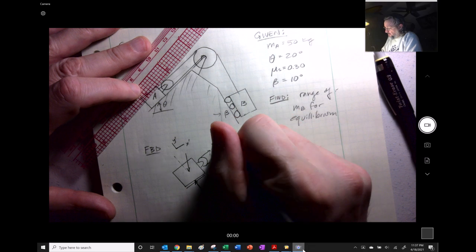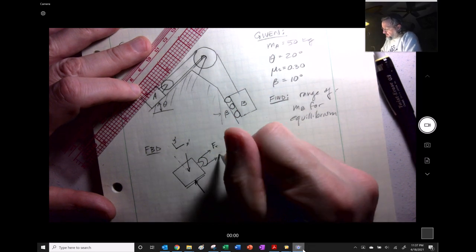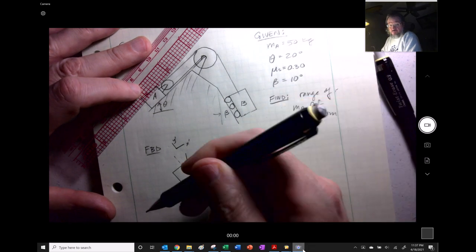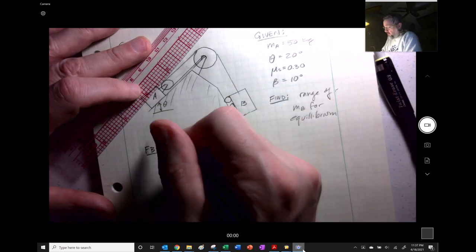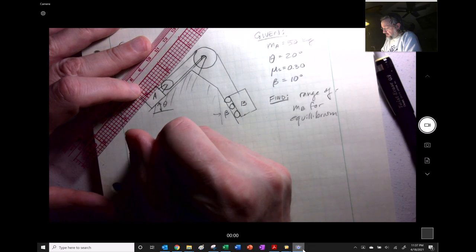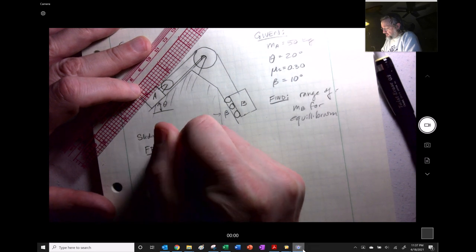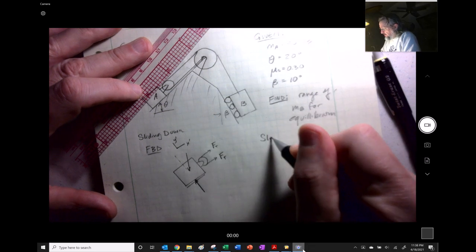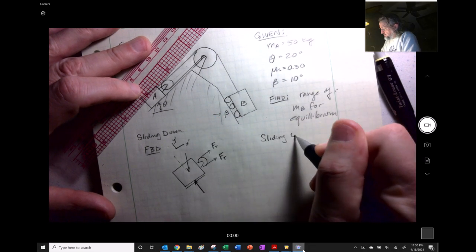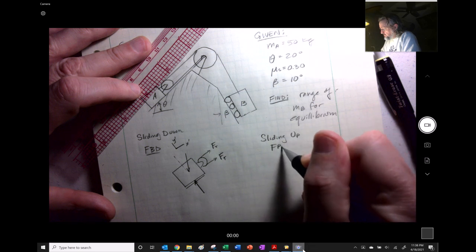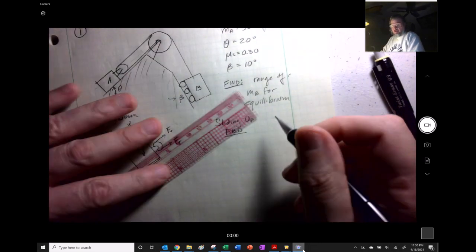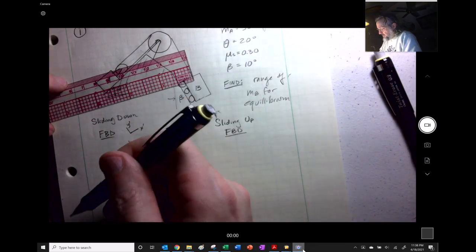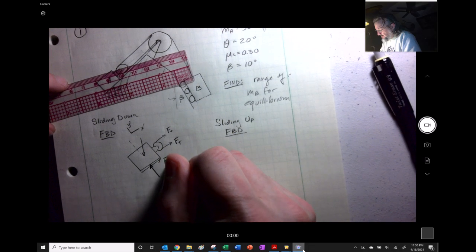By that I mean this tension might not be enough, so that it wants to move down. So maybe I'll write this as the sliding down FBD, and then over here the sliding up FBD. In this one, if it's going to slide downwards, then the friction force is in this direction.